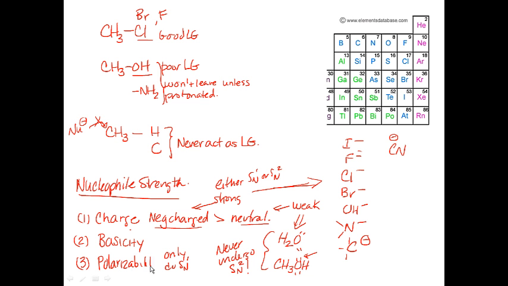Now I talk about each one of these individually, but it turns out that they're used in different circumstances. So let's say that my number 2 is just going to be simply basicity. Well, we had our periodic table of carbon, nitrogen, oxygen, fluorine, chlorine, bromine and iodine.